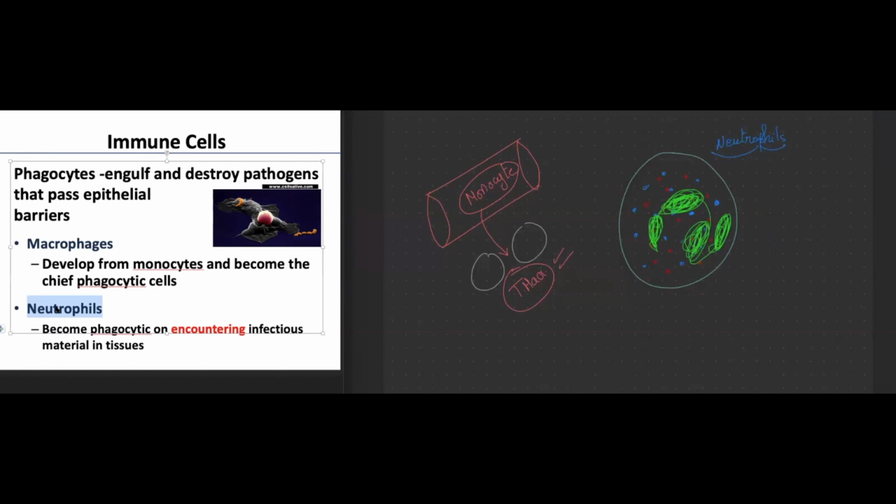So that's why we call those neutrophils polymorphonuclear leukocytes. You remember poly, many, morpho, shapes of the nucleus, and those are my white blood cells. They have different shapes of the nucleus, polymorphonuclear leukocytes.